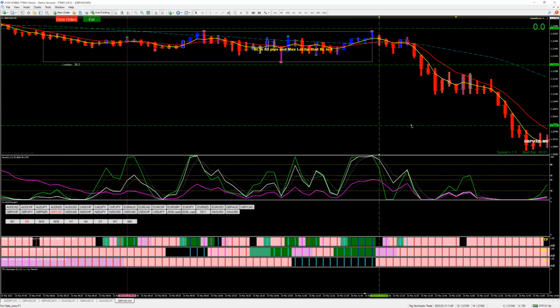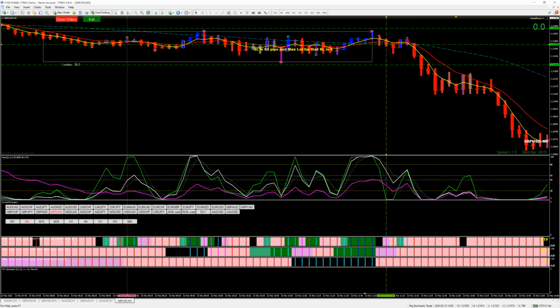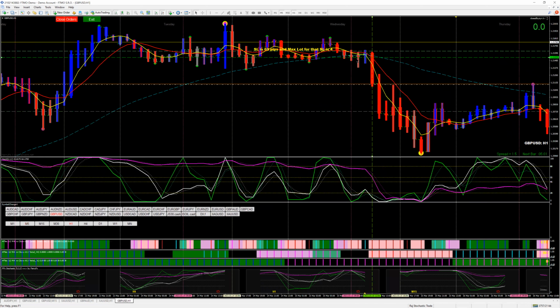Our entry is right there. You can see this in our solid red. Now we go back to the H1 and say, okay, what is our stop loss?